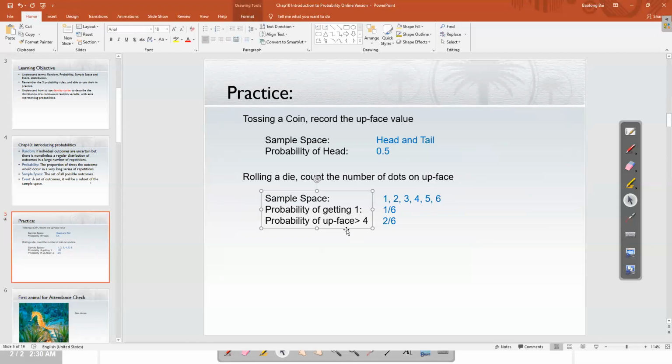What's the probability of getting 1? It's a fair die, so every face is equally likely, so it's 1/6. What's the probability of getting an up face greater than 4? Greater than 4, you have 2 possibilities, right? So 2 out of 6, right? Okay. So this is an event, right? And this is an event, right? So anytime you talk about the probability, it's the probability of a particular event. Okay, pretty straightforward.